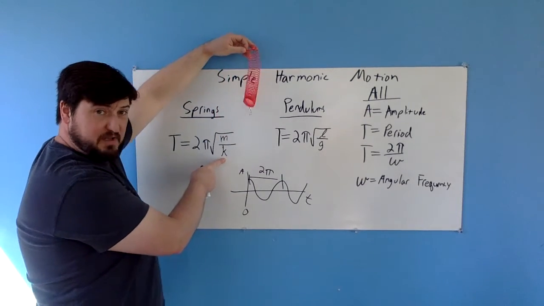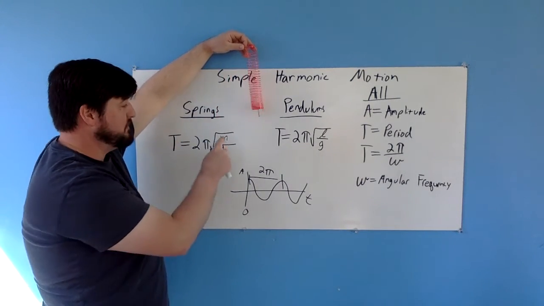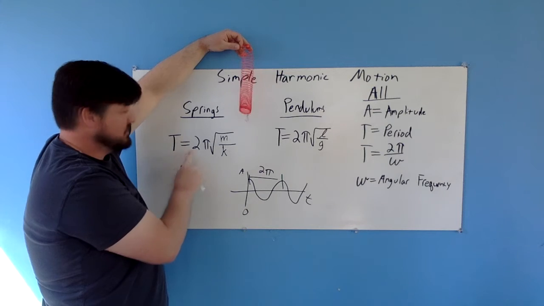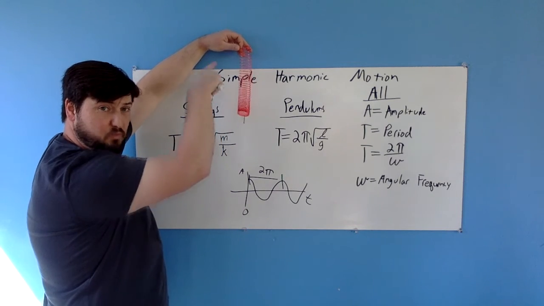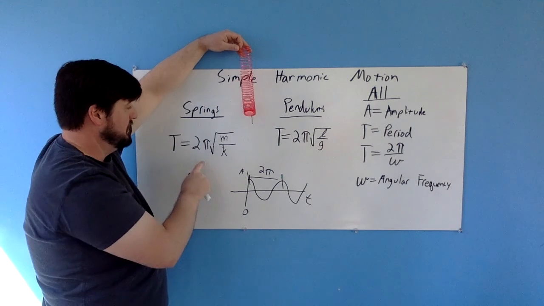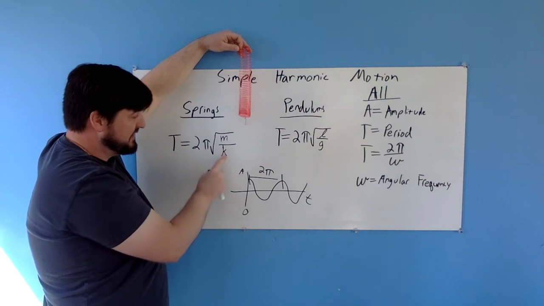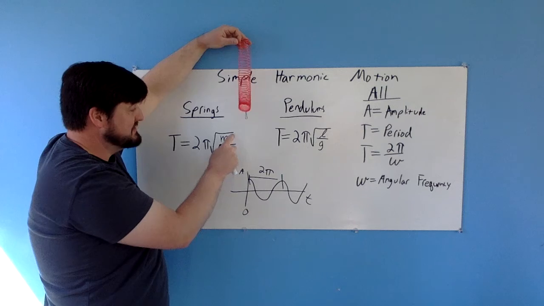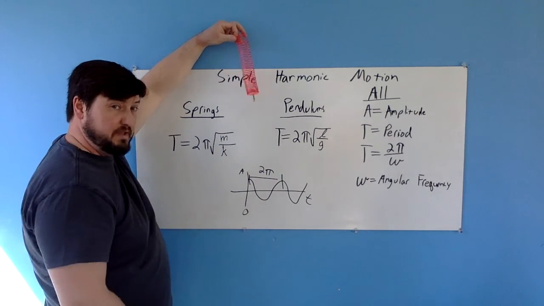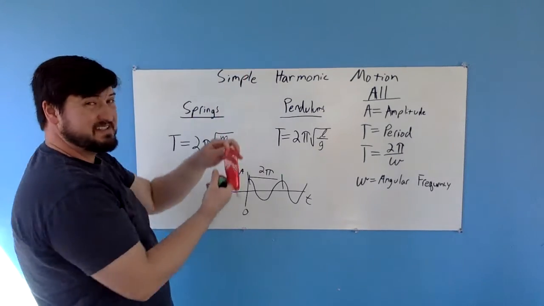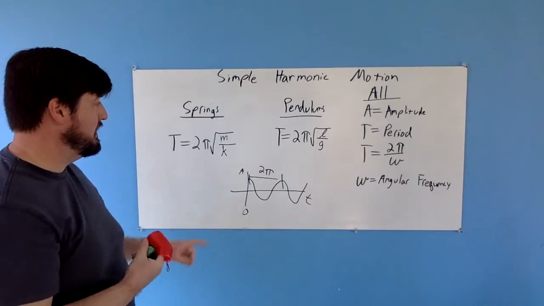So if I'm not going to change my K, the only thing that will determine how long it takes to go through one full cycle for a spring to get it back to its starting point, once up and down and back, right? The only thing that it will depend on, if I cannot change my K value for this spring, is the mass I hang from the spring. So let's prove it, okay? And let's think about it before we prove it. Mass.